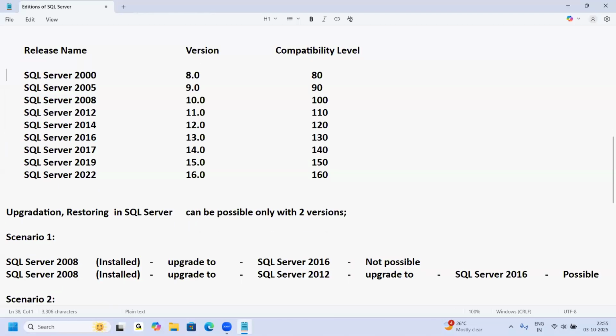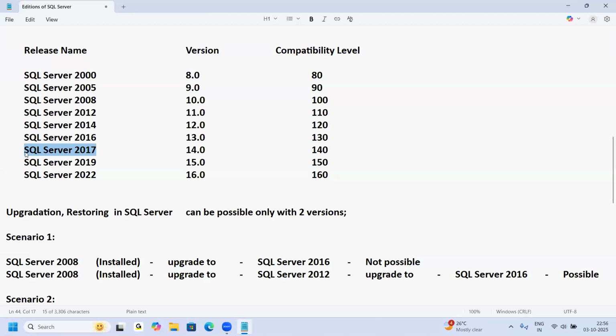This is a general point. Only with two versions. The two versions depend on which one you are aware of. Comparing with that, you can understand the remaining. Assume your laptop has SQL Server 2017 installed, and you plan to upgrade it to 2022.